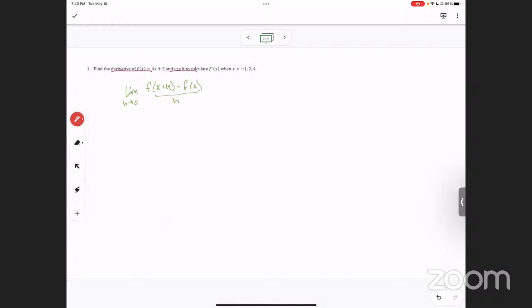I'm going to do this in red. f of x plus h means I'm going to plug in x plus h anywhere I see x, right? Does that make sense? So this equals the limit as h goes to 0 of, I'm going to do this in red so you can see, 4 times x plus h plus 2.